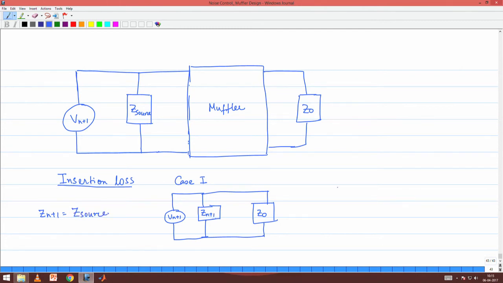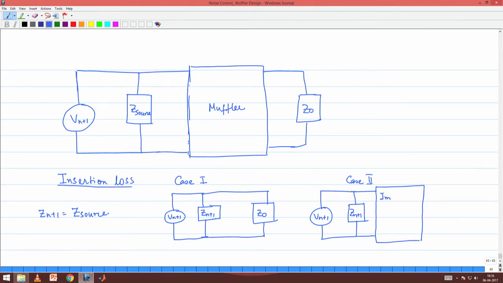Okay. And case 2, wherein we will have a current source Vn plus 1, a source impedance which is in the shunt position, and then you have the impedance associated with the muffler and the inlet and exhaust pipes.